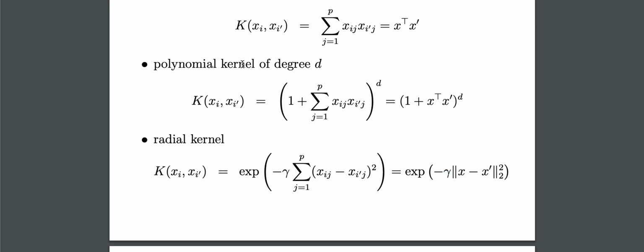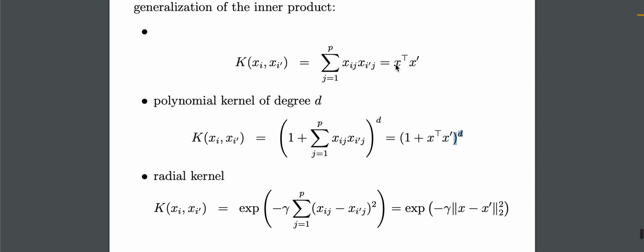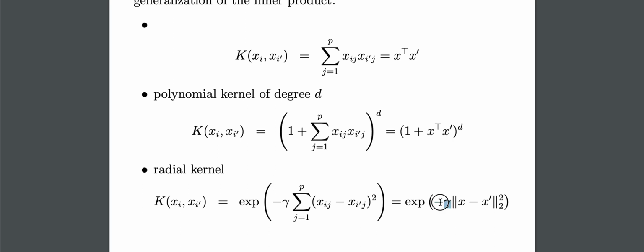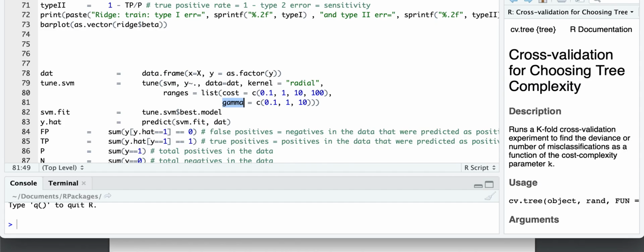For example, if you have a polynomial of degree d, you don't have that gamma. Or if you do a linear kernel, you don't have that gamma. But here we have it if you use a radial. And we just provide some numbers. These numbers are arbitrary, but we can just do the cross validation over a set, right?